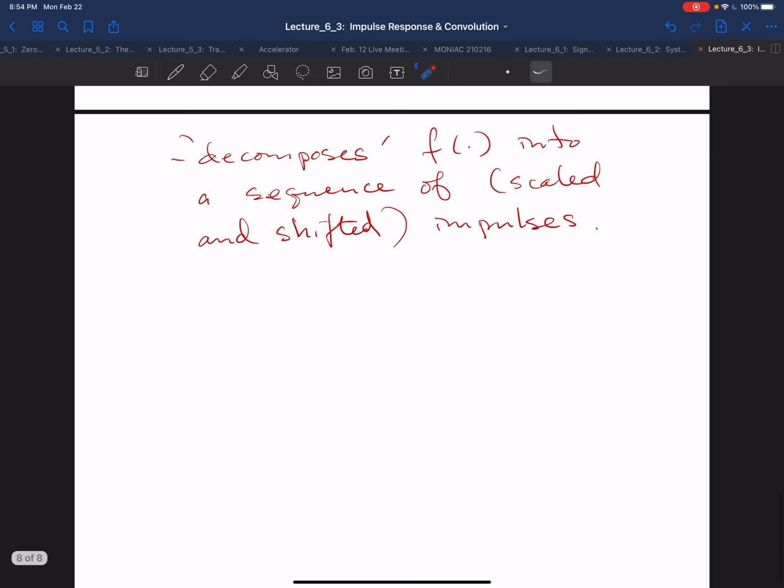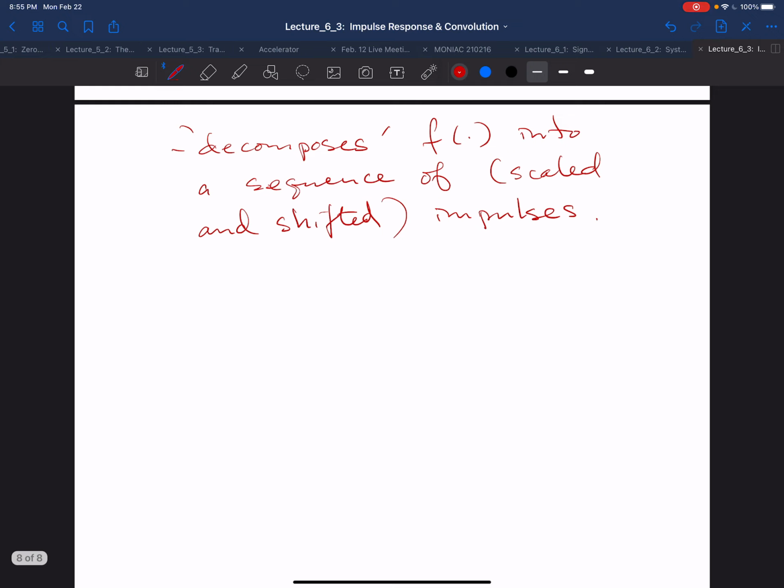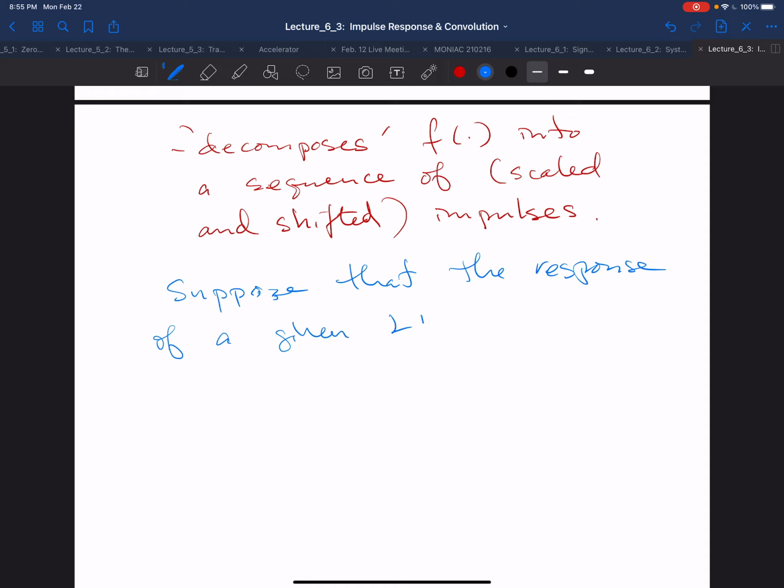So let's suppose that the response of a given LTI system S to an impulse, say delta of t minus tau, is some function h.